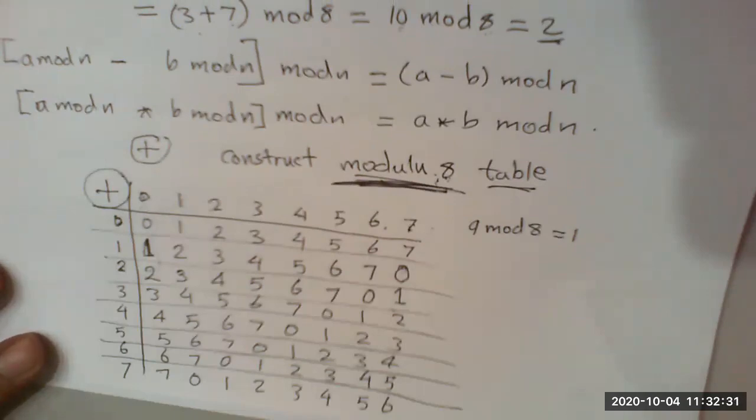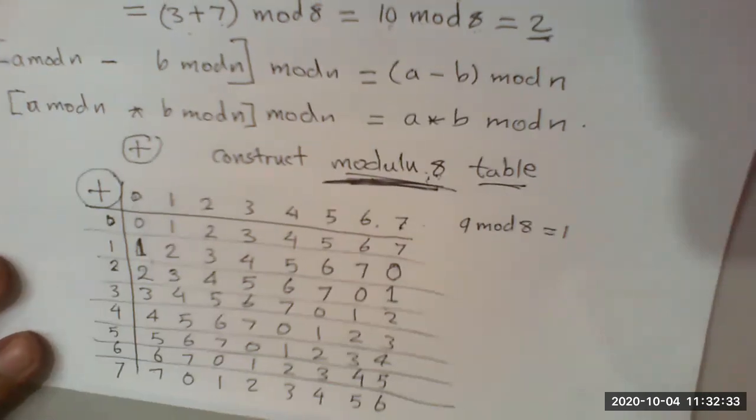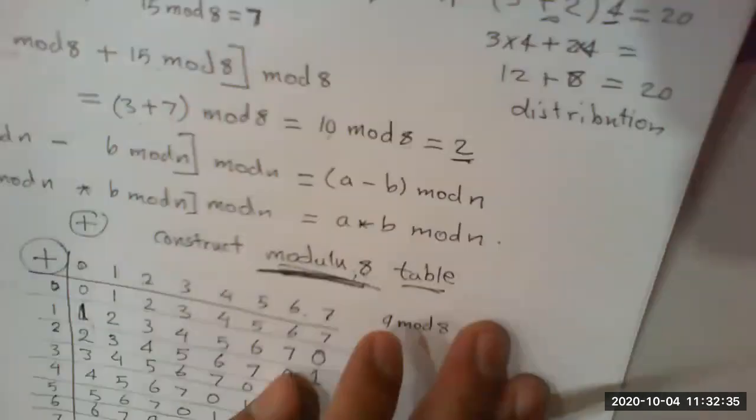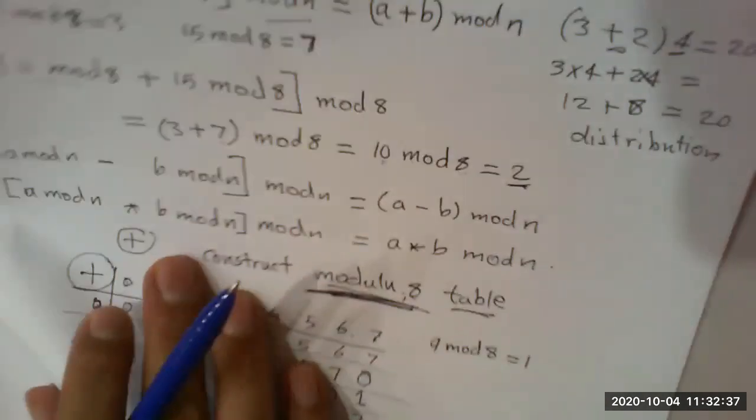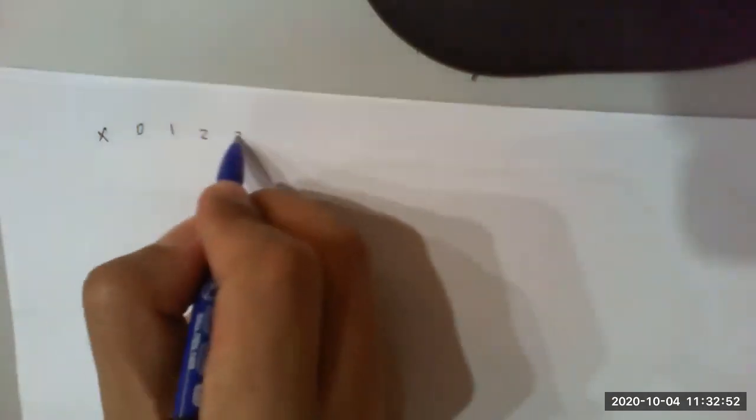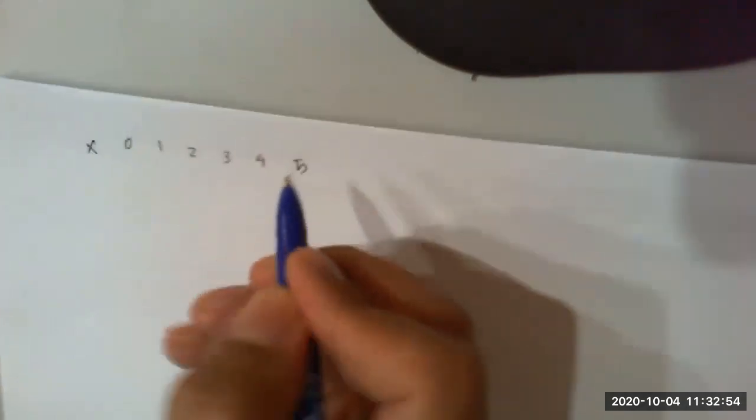I can also construct the modulo 8 multiplication. I'll just give you an example of multiplication, and you can construct the remaining part of this table. I have multiplication here. I have 0, 1, 2, 3, 4, 5, 6, 7.